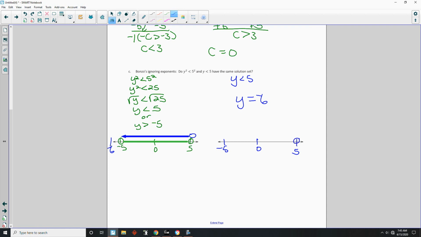Okay? So -6 is here, and it's in the solution set for this equation, but not in this one. Negative 6 is not greater than negative 5. Okay, so the solution sets are not the same. All the solution sets in the squared are in the not squared, but there's more in the one that's not squared.